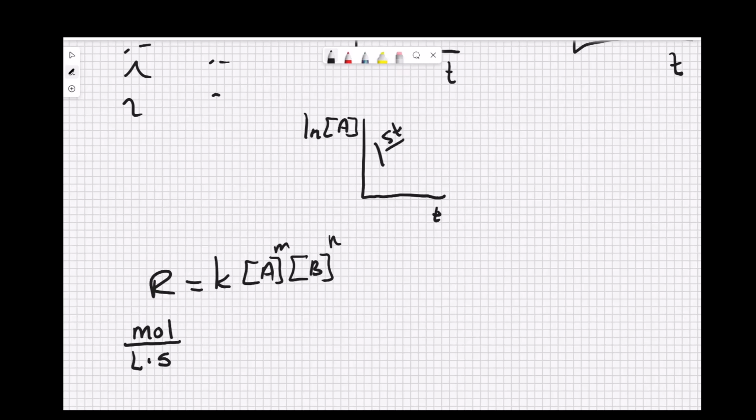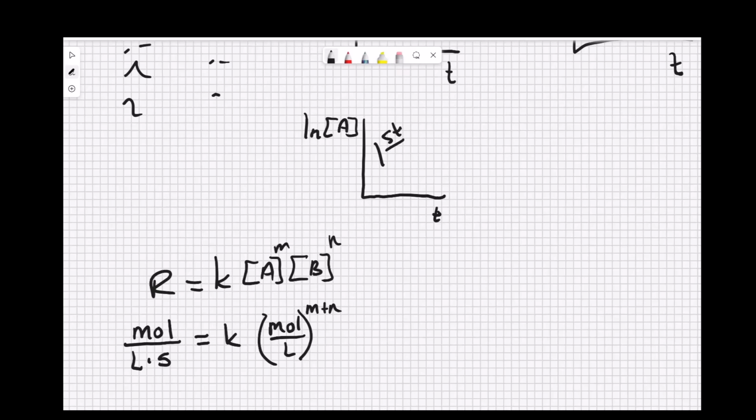We know that each one of these concentrations has units of moles per liter, but they're raised to some power, right? So here we're going to have some units for k. We don't know what it is yet. And over here, we're going to have some units of moles per liter raised to the overall order, right?